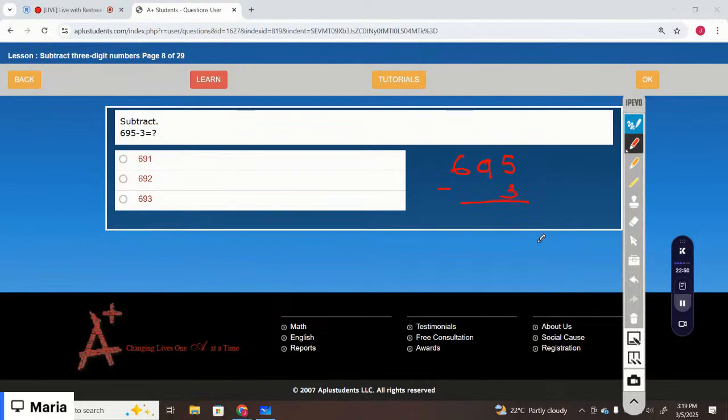5 take away 3 is 2. Bring 9 down and 6, so that is 692.